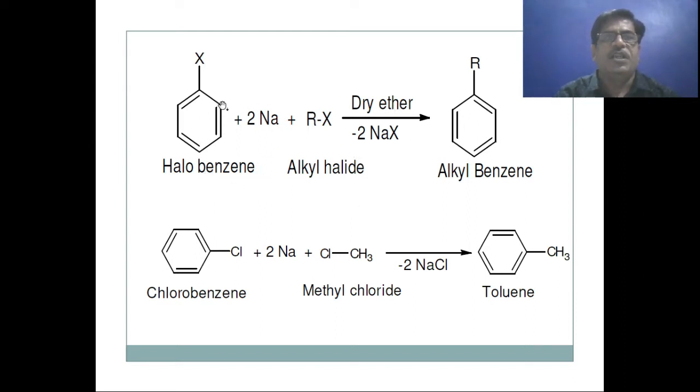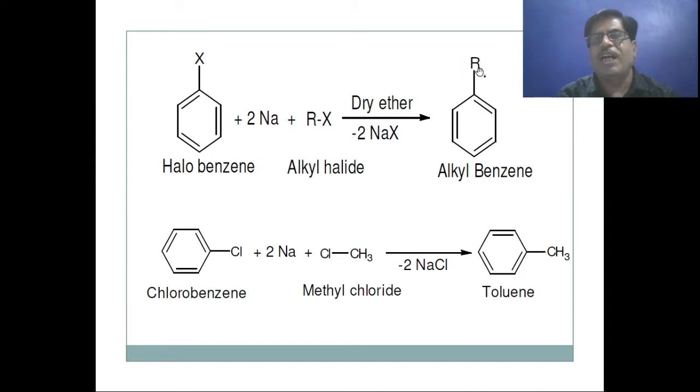This is the general method: halobenzene, where X means halogen, Cl or Br. This halobenzene reacts with alkyl halide and sodium metal in the presence of dry ether, with NaX as a byproduct, and X is converted to an alkyl group.